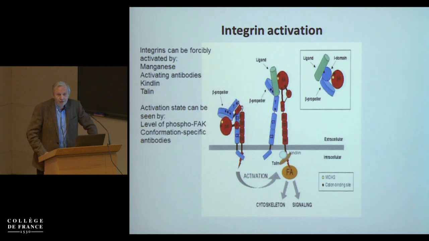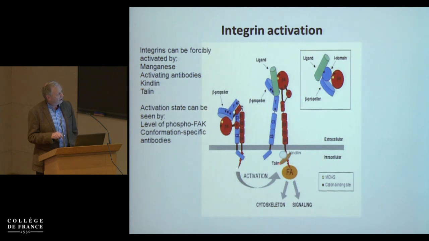What's the problem? The problem is that integrins can be activated and deactivated. This is a picture of an active integrin, which can bind to a ligand and can signal through focal adhesion kinase to various places. But integrins can also be inactivated, in which case they can't bind the ligand and they can't signal. Now, the process of conversion from inactive to active is handled in cells by two molecules.